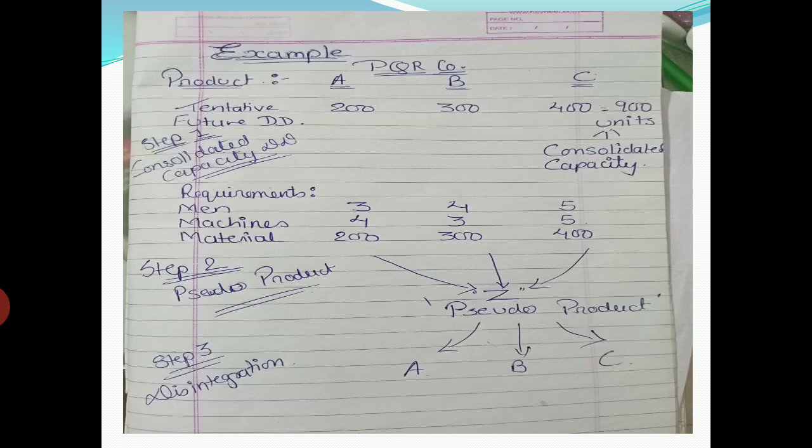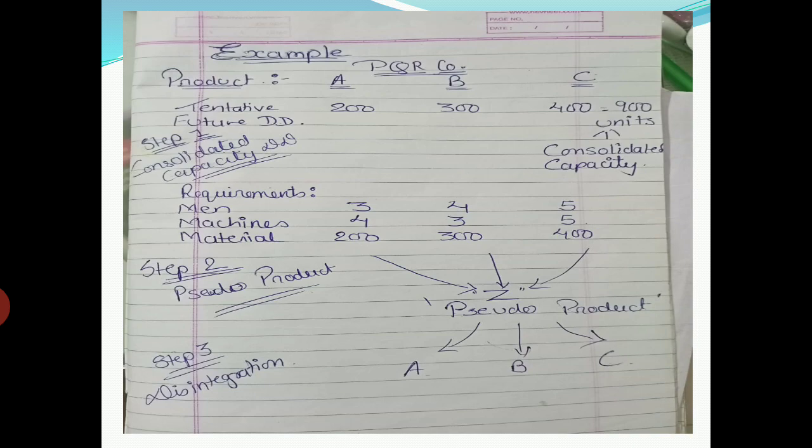Then comes up the second stage. Now, to produce these 200 units, we may require different types of manpower, machines and materials. And that example has also been provided: to produce A item, maybe 3 men are required, 4 machines are required and 200 materials are required.